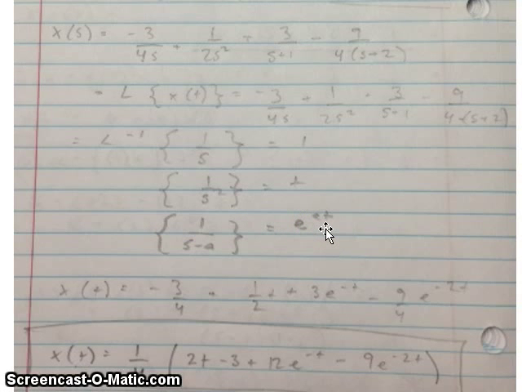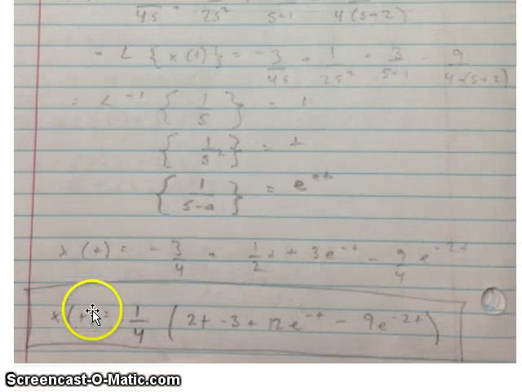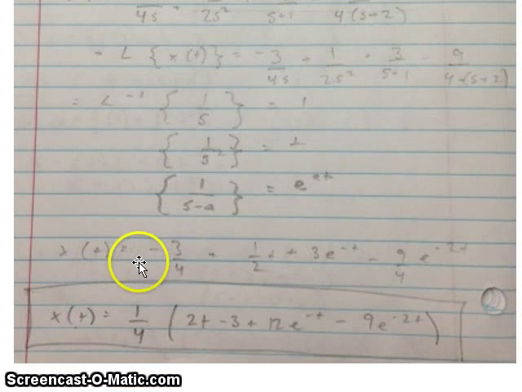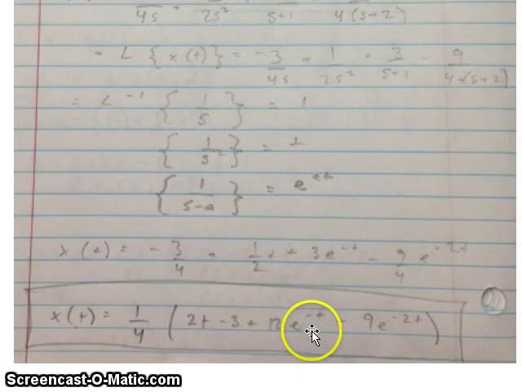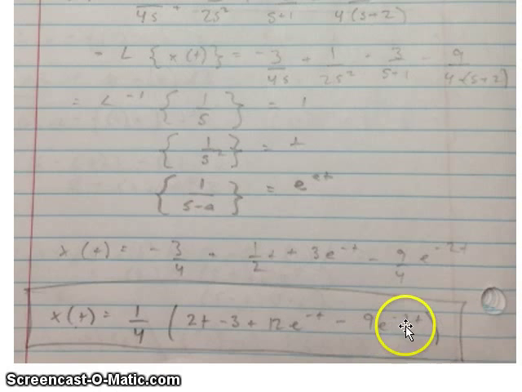Now with this, we can simplify down even more to our function and get x of t equals negative 3/4 plus 1/2 t plus 3e to the negative t minus 9/4 e to the negative 2t. And then distribute this out a little bit, clean it up. We get x of t equals 1/4 times (2t minus 3 plus 12e to the negative t minus 9e to the negative 2t).